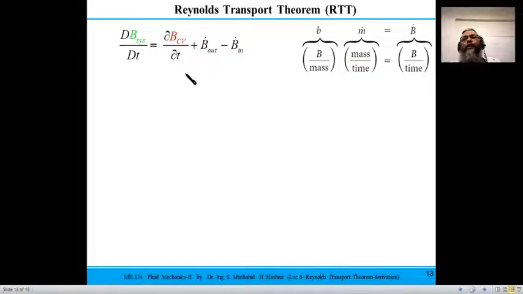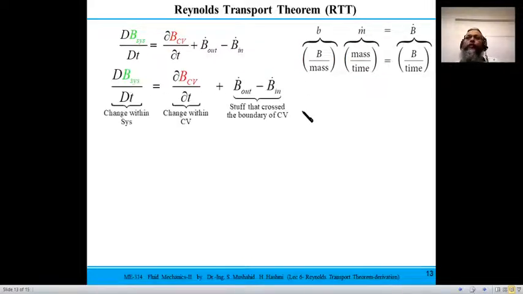So this equation is very important. The left hand side is talking about the change that is taking place within the system, the same entities. This is the change that takes place within the control volume. This is the net, because something is going out, something is coming in.